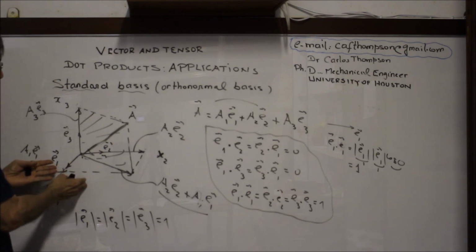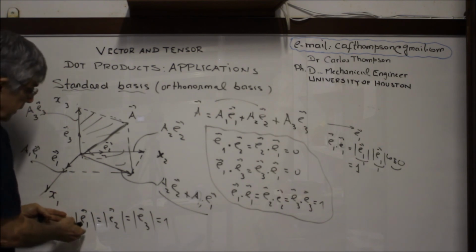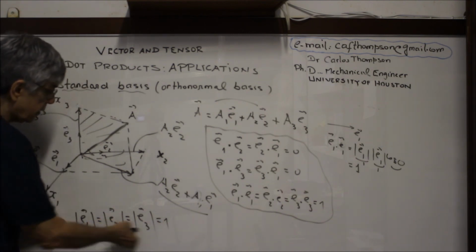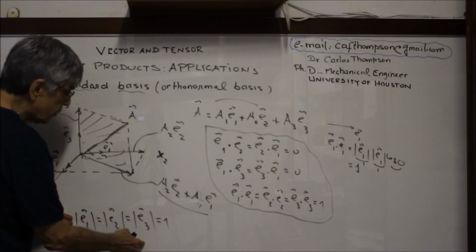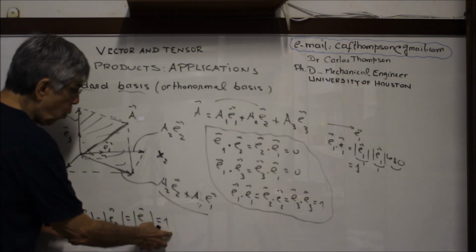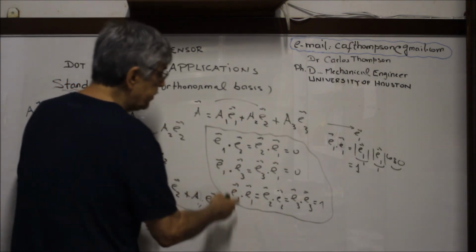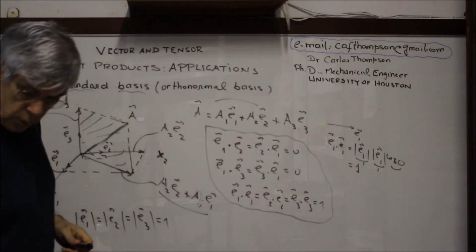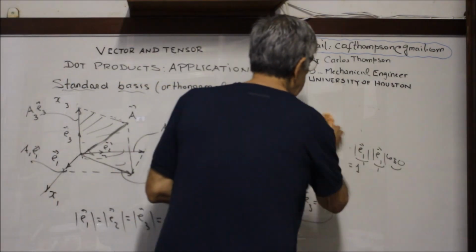This is a very, very important basis because this is a peculiarity, a characteristic of the standard basis. So the magnitude of the unit vectors is 1, and also the dot product can be 1 or 0. Then we used to write like this.